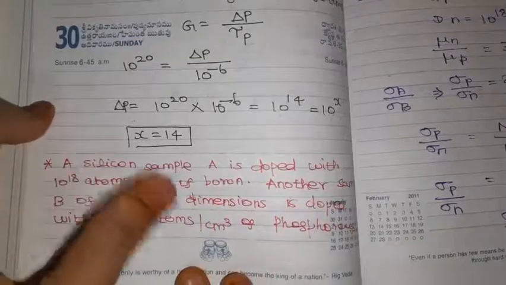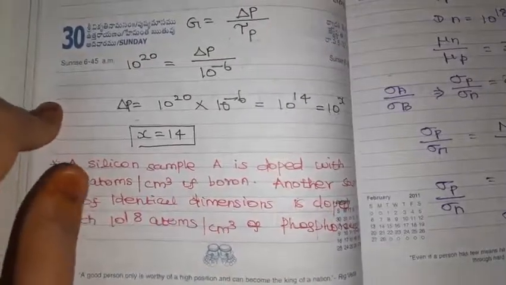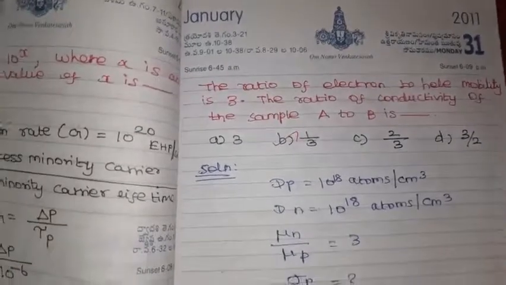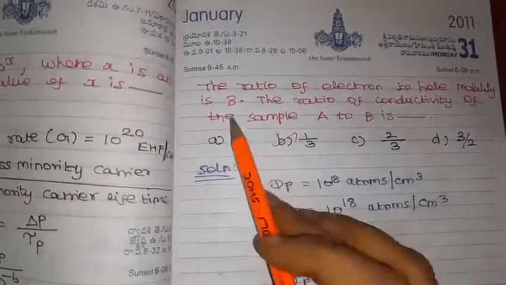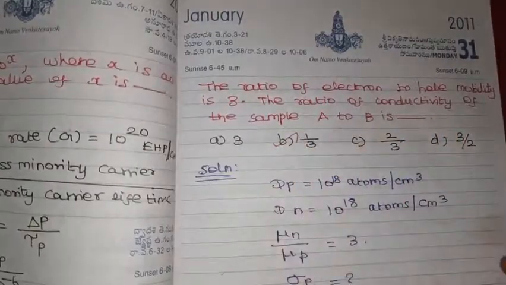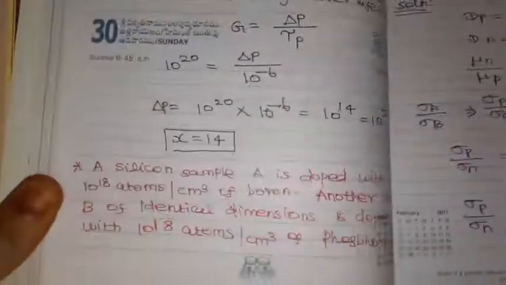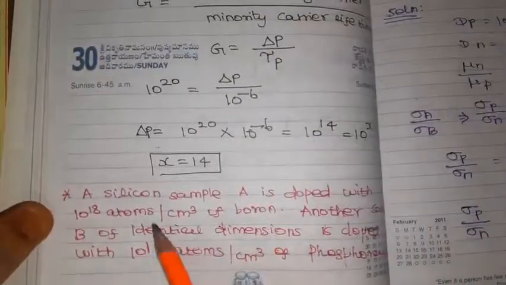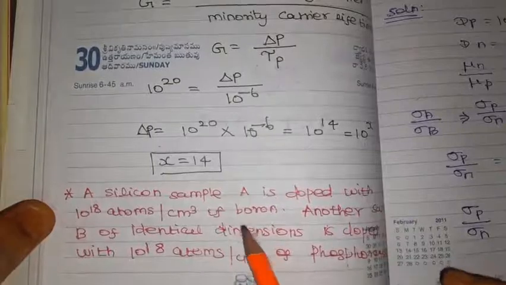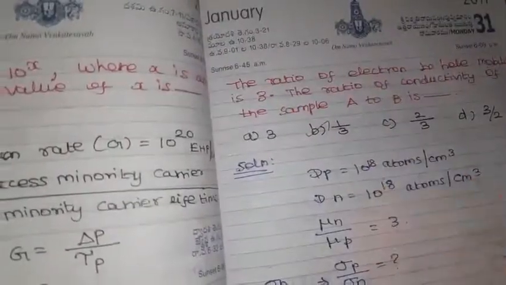Doping concentrations for the different samples are given. Then the ratio of electron to hole mobility is 3. The ratio of conductivity of sample A to B we are going to find out. So first, doping concentration is given: doped with boron means P type, so dP is equal to 10 power 18 atoms per centimeter cube.